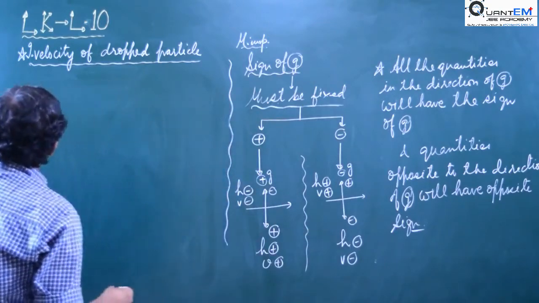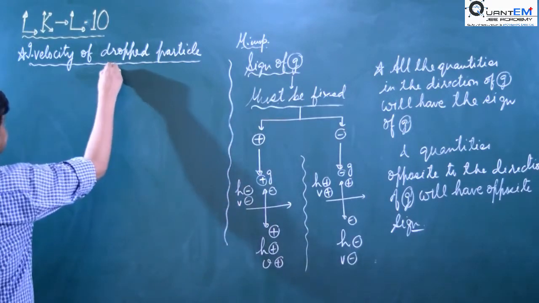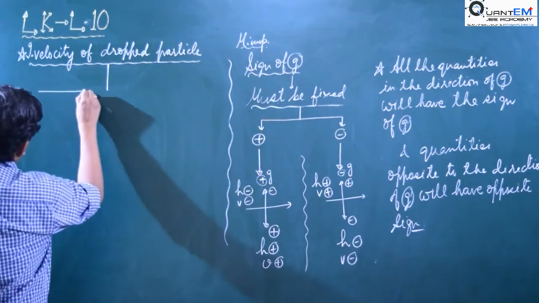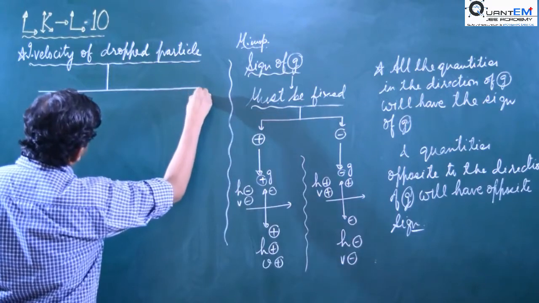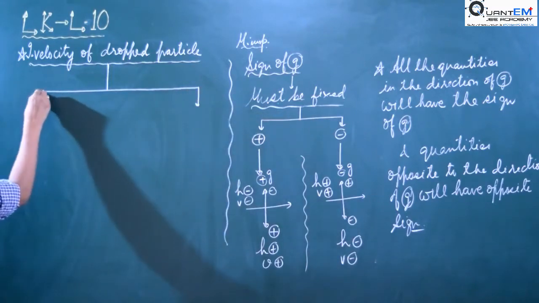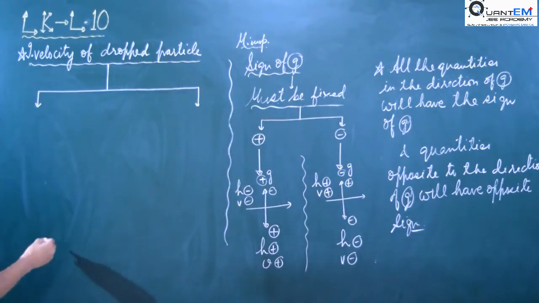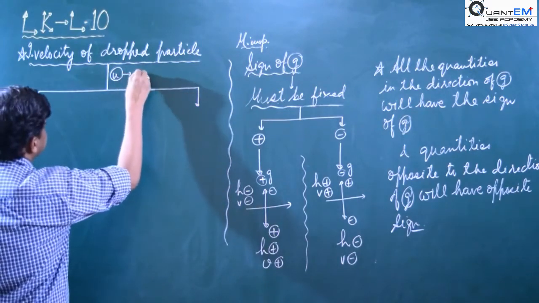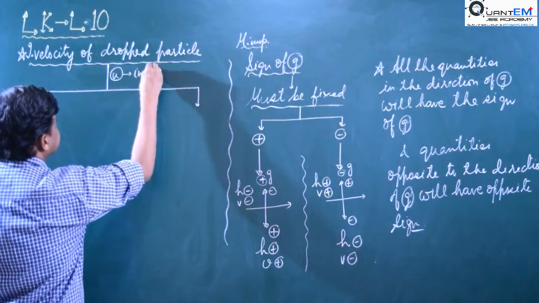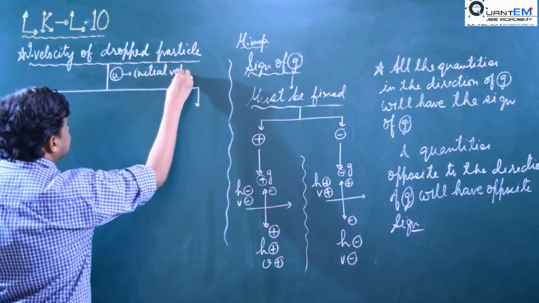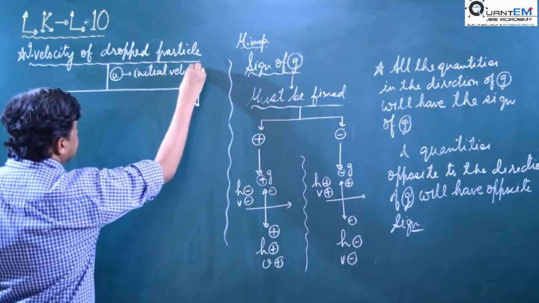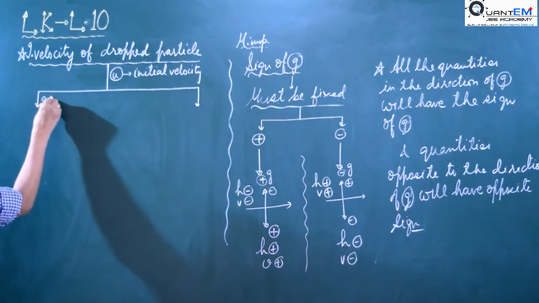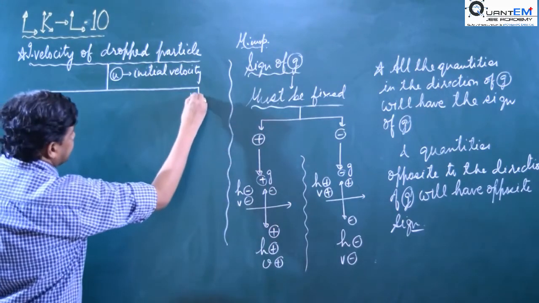So for the initial velocity of the dropped particle, we take two conditions here. Initial velocity is denoted by u. First part and second part.